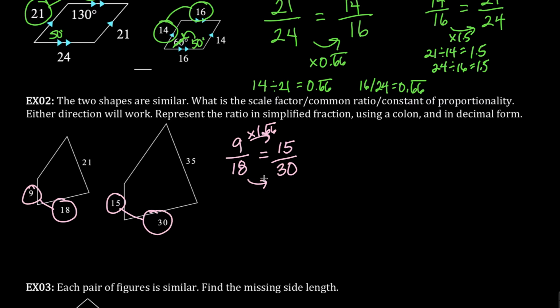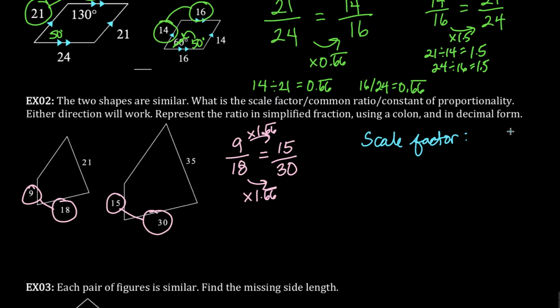And 30 divided by 18 is 1.66 repeating. And so we know that they're similar. This right here, though, this 1.66 is the scale factor. So I want to write this maybe in a different color. Scale factor.